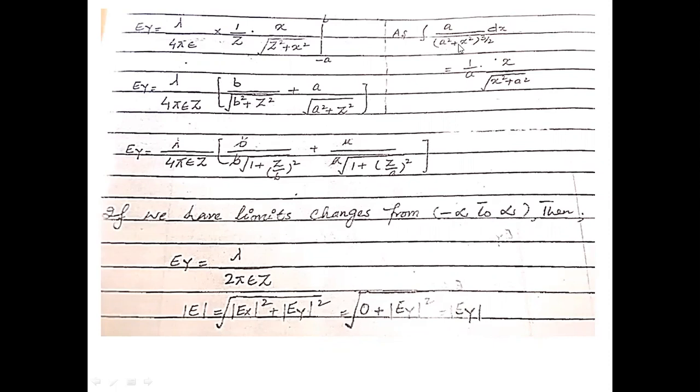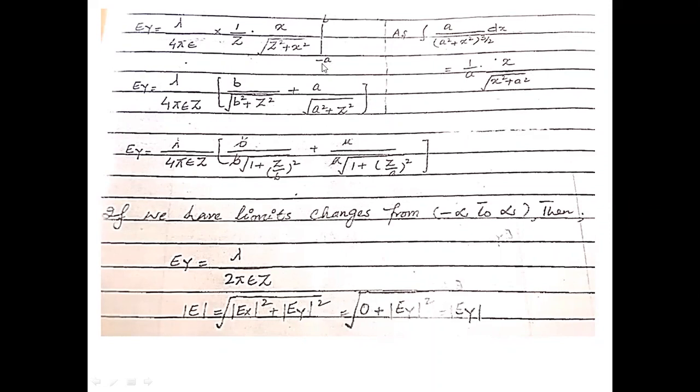This is equal to 1 over a, x over the square root of x square plus a square. By comparing this, we get a is equal to z. So 1 over z, x over the square root of x square plus z square.